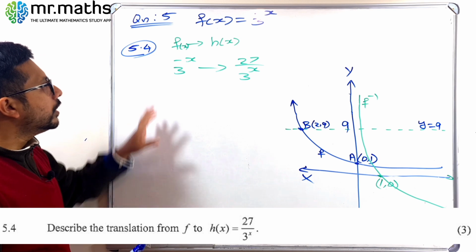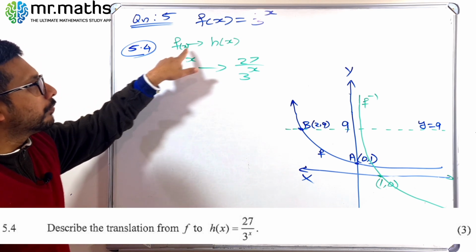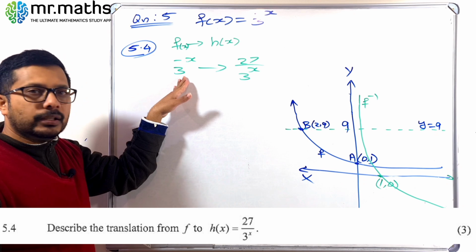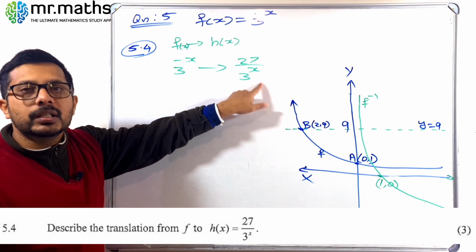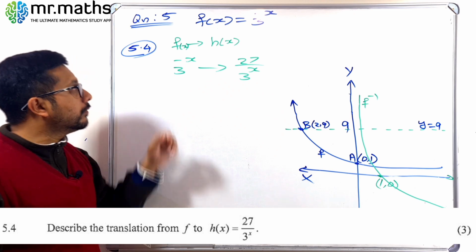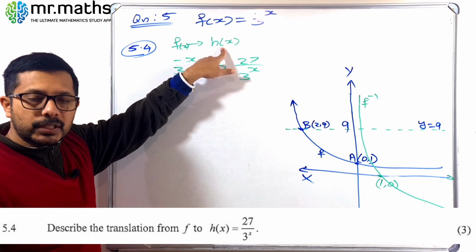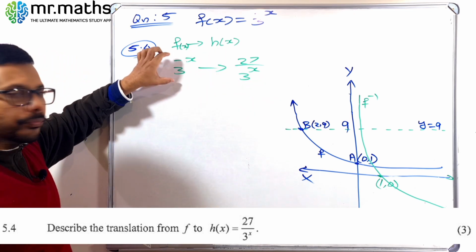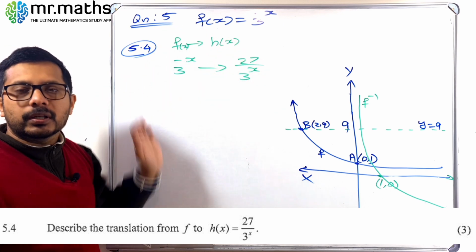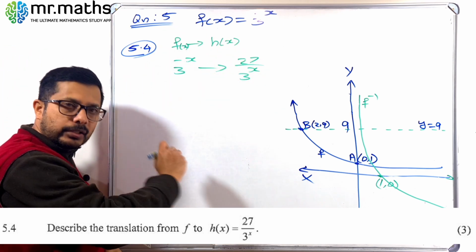So you have to describe the transformation from f of x to h of x. What happened to f of x so that you will get this one? That is what you want to write. Describe the transformation from f of x to h of x means what happened to this f of x graph so that you will get this one. That is what you want to write in words.